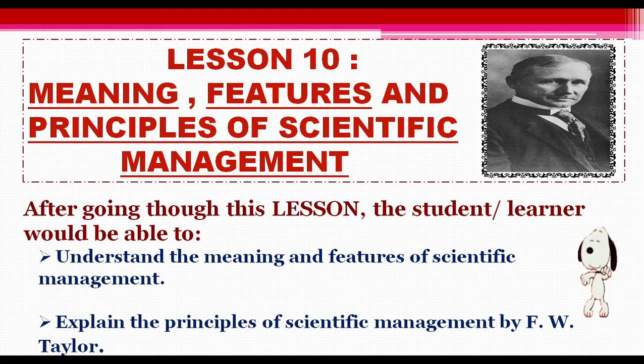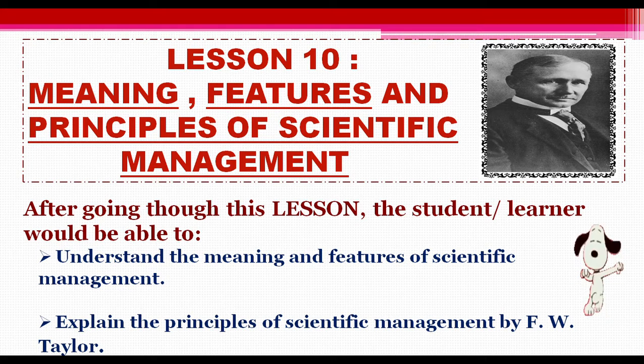He adopted a scientific approach in order to manage the environment and the resources. He worked in Bethlehem Steel Works up to 1901, and thereafter started providing services as a management consultant. Earlier he was working as an employee, then he became a consultant on managing resources.